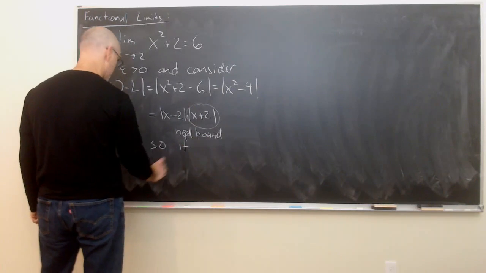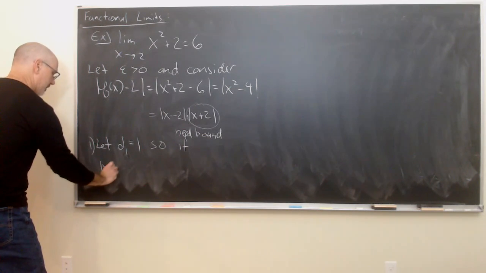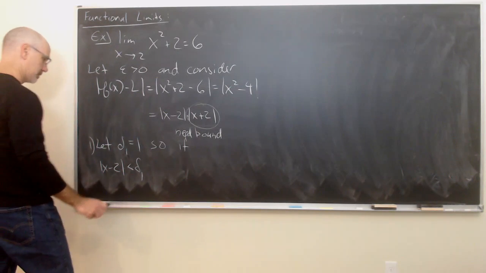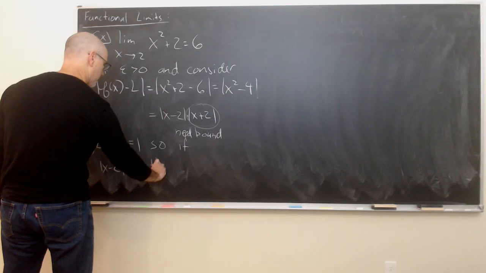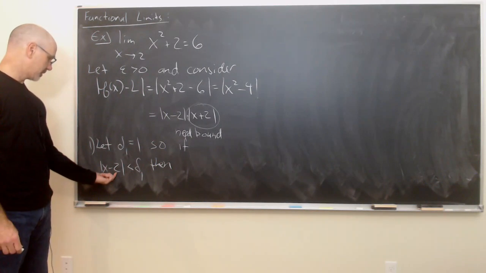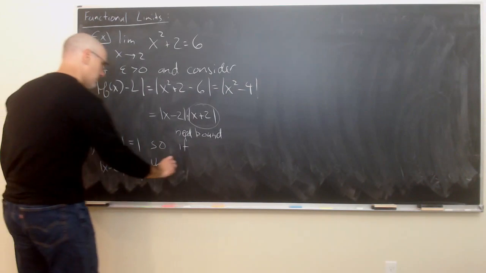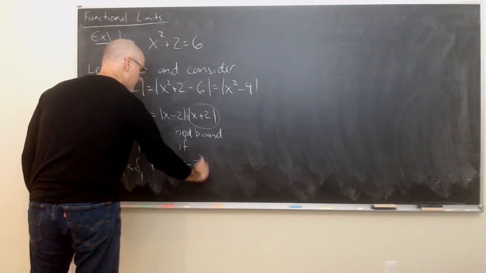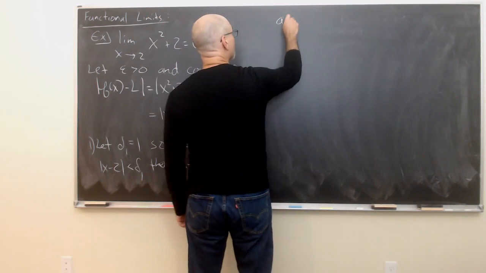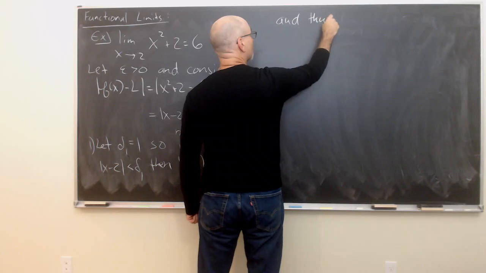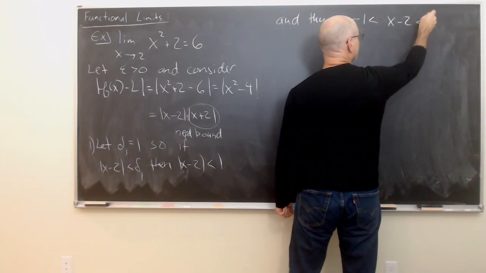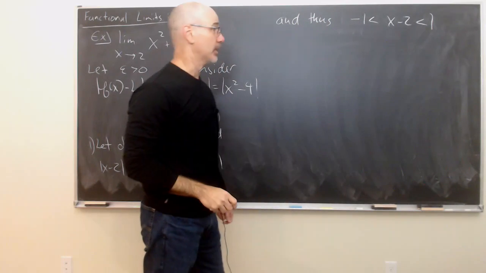And that means if later on I'm thinking of absolute value of x minus 2 being smaller than delta 1, well, if x is within 1 of 2, that means x minus 2 is between 1 and minus 1.